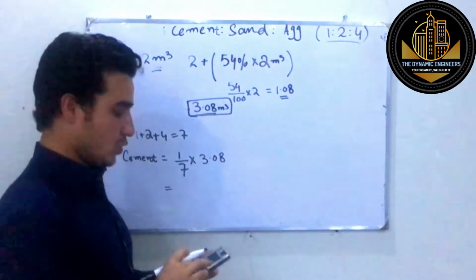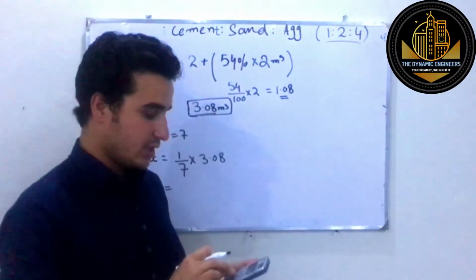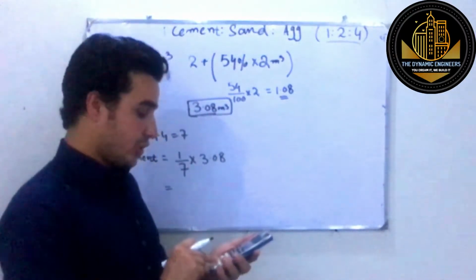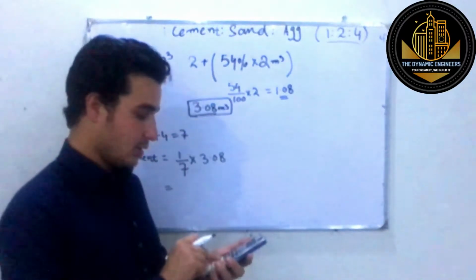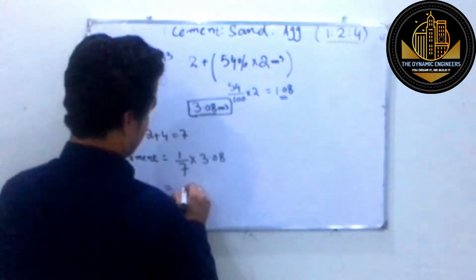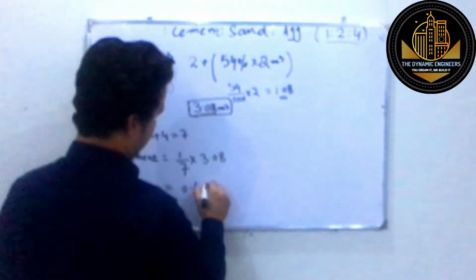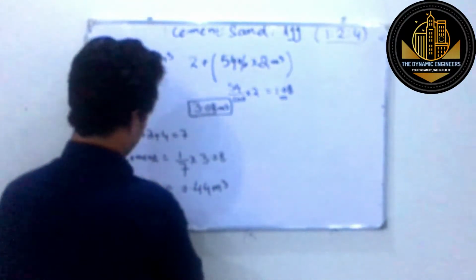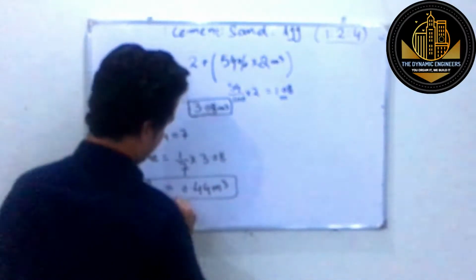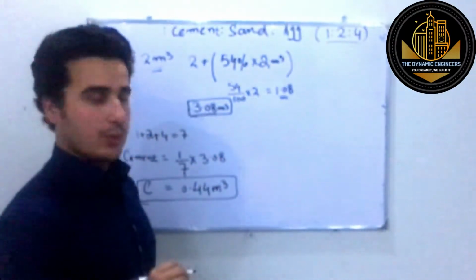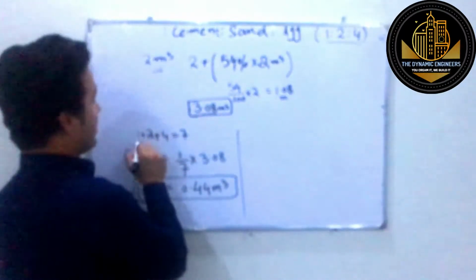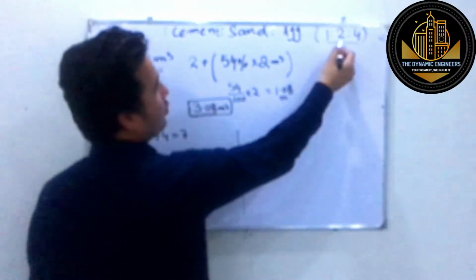Okay, so this is 1 divided by 7 multiplied by 3.08, and this quantity is 0.44 meter cube. Okay, cement quantity is 0.44 meter cube.